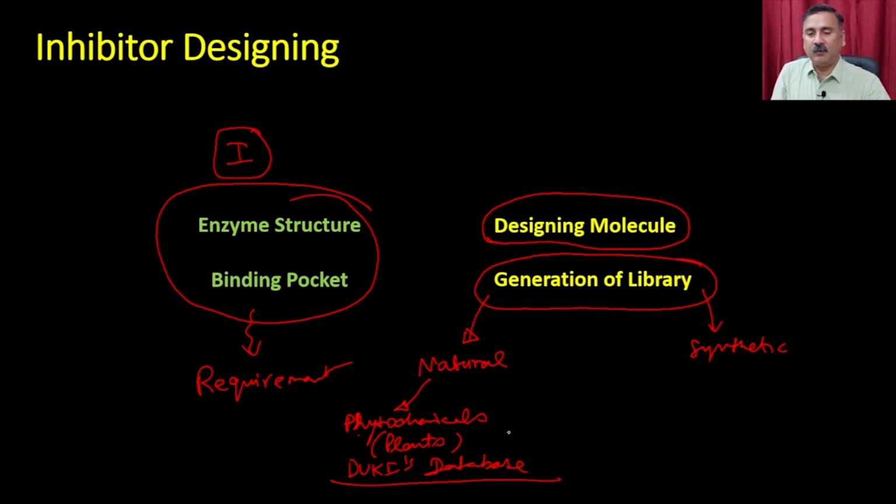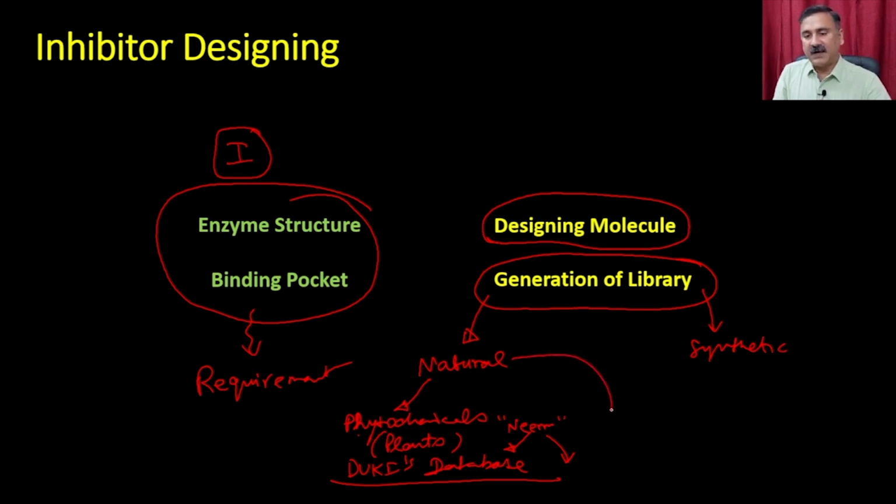For example, if I want to know what different phytochemicals are present in the neem, I can take this neem plant and blast it into the Duke's database, and it's going to tell me that these are the reported phytochemicals present in the neem, okay?